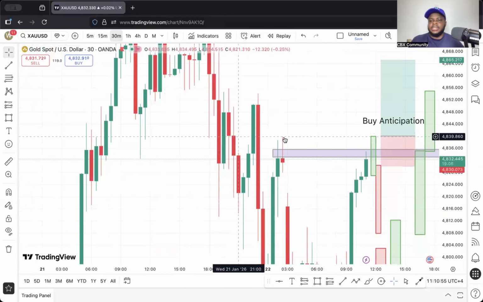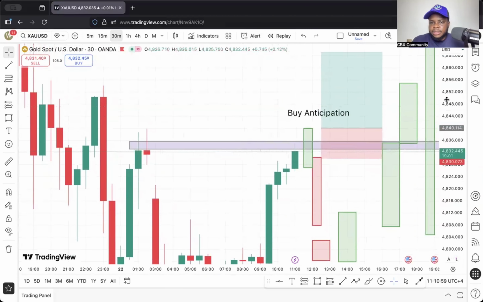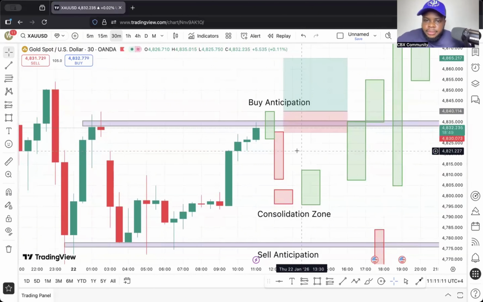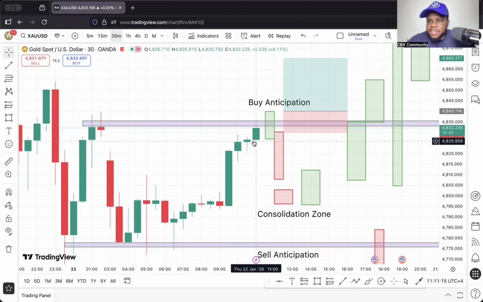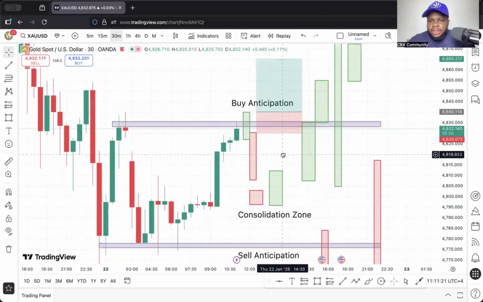So let's see what this candle wants to do. This 30 minutes candle is left with 18 minutes before this 30 minutes candle needs to close. So we don't need to do anything since we already know what you're anticipating the market to give to us.